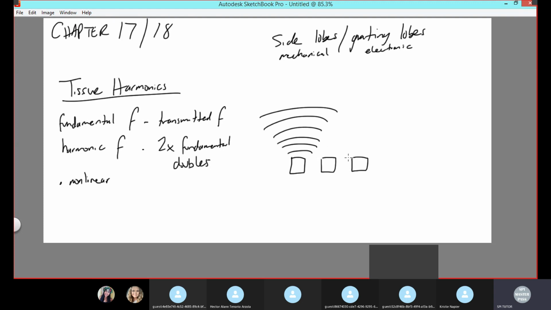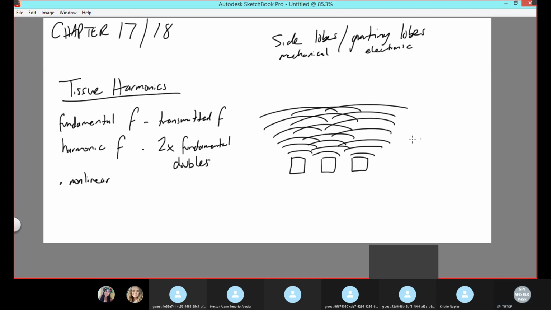Imagine that you have three crystals next to each other, and they're all sending out this Wi-Fi shape when they vibrate. If you notice, in the center they're overlapping. And as they travel more, they overlap even more. So they overlap more towards the center.